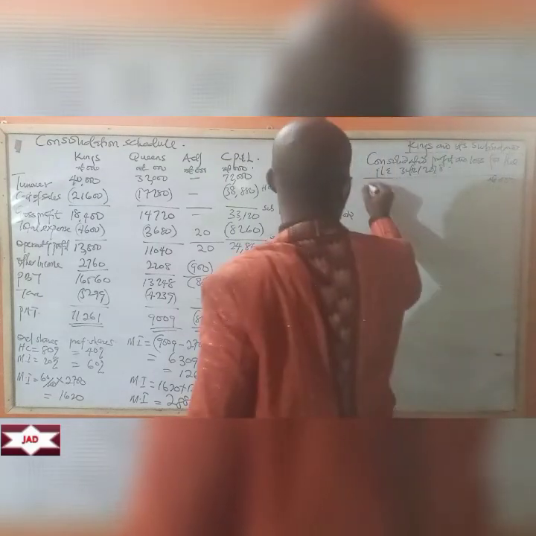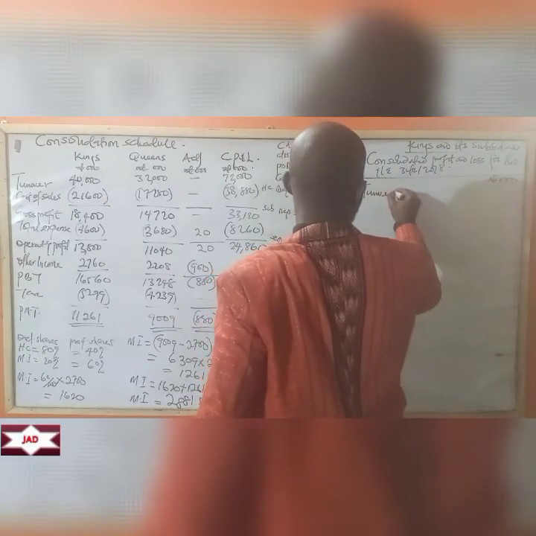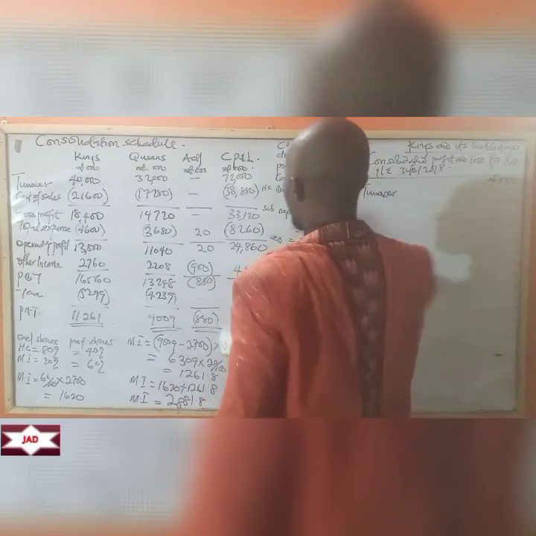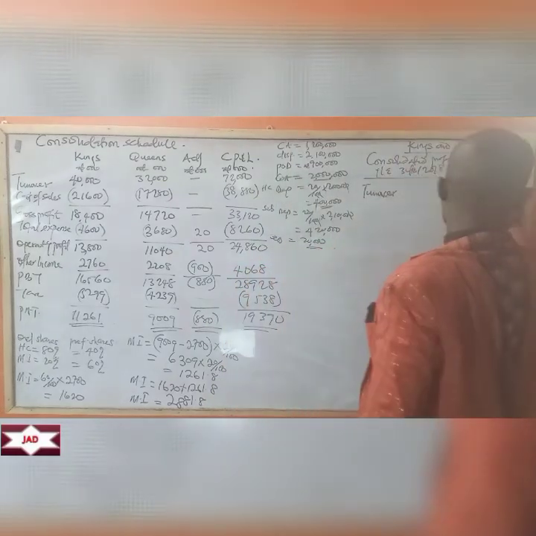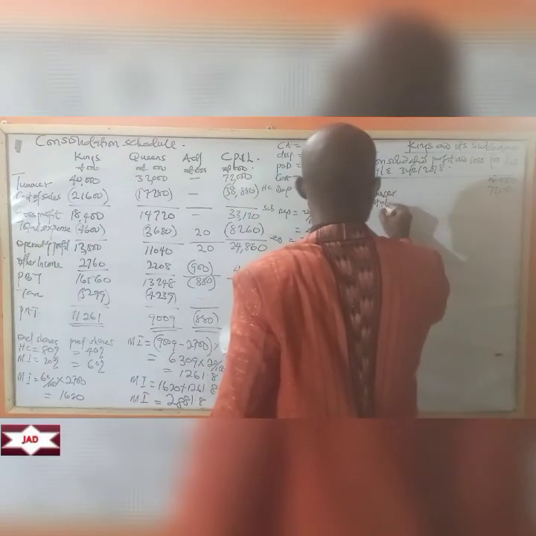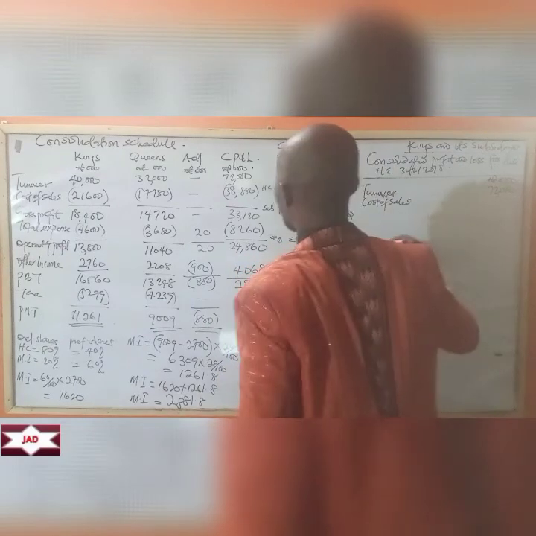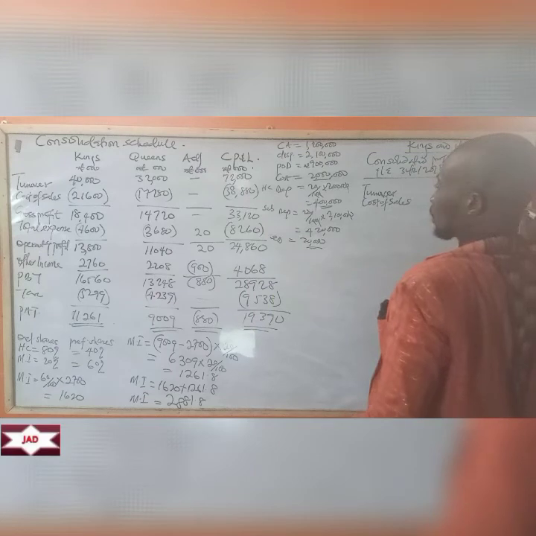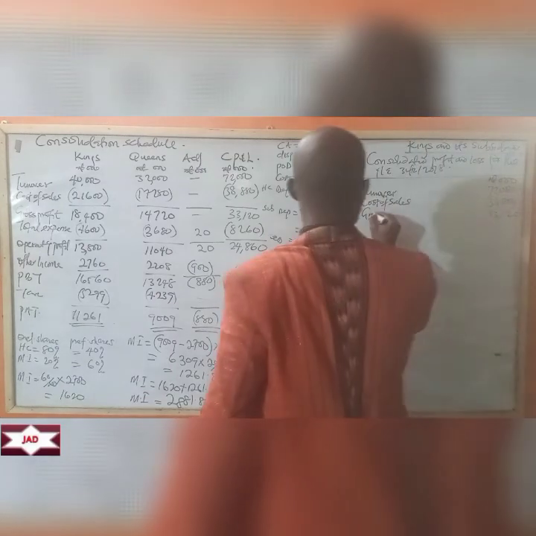So what's turnover now? Turnover is 72. Cost of sales 38,800. And we now have 33,120 is the gross profit.